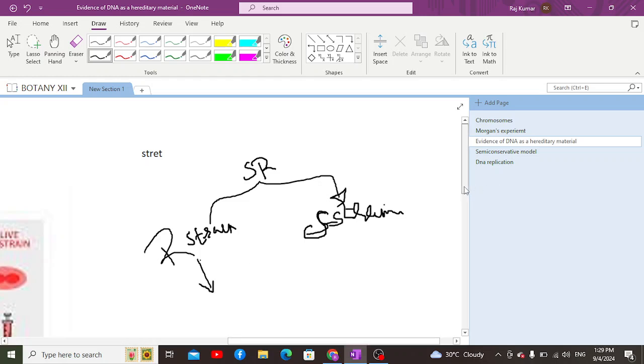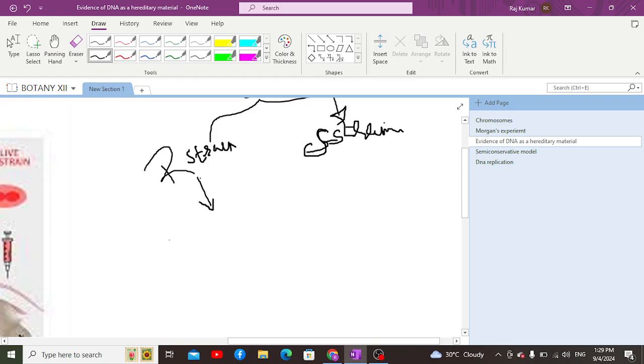R strain is the one which has a rough appearance when viewed under a microscope, and that rough appearance is because of the absence of a polysaccharide coat, slime or capsule.